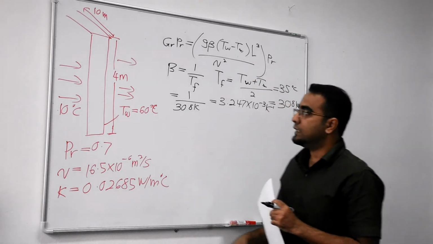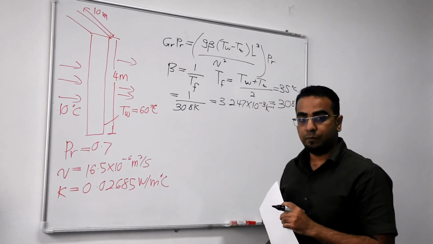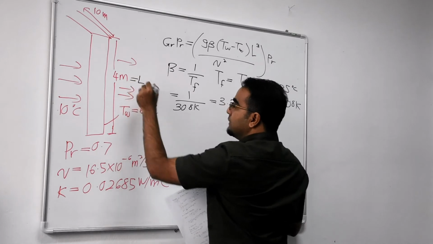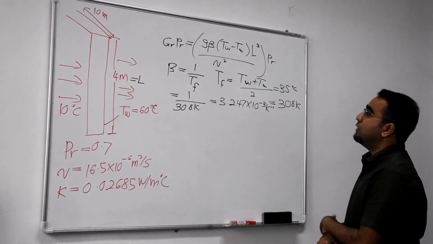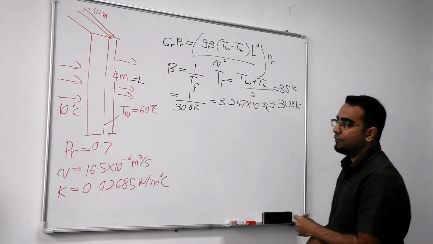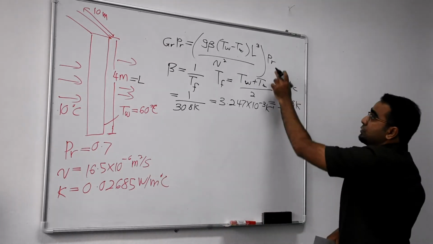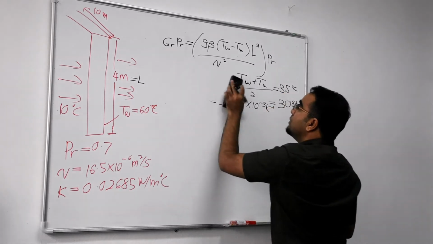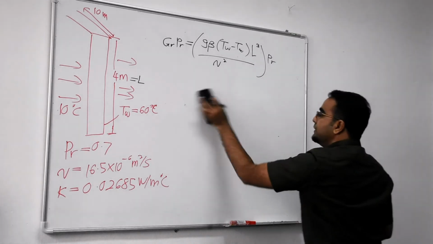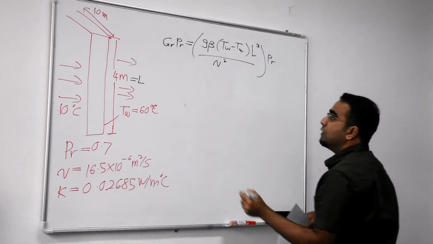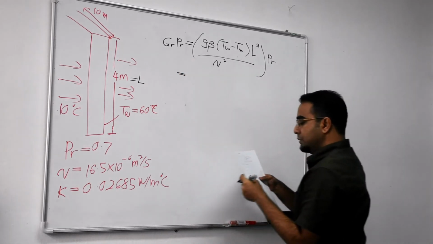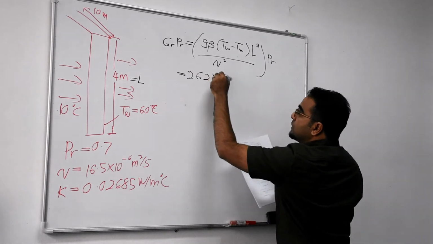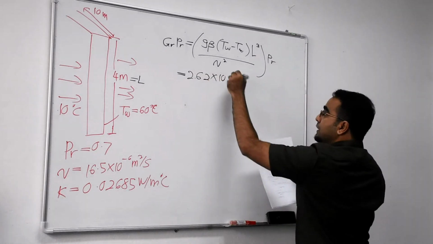In our question, it has mentioned a vertical plate, so 4 meter will be your characteristic length. You know the value of L, the kinematic viscosity, and the Prandtl number. If we substitute all the values into the equation, you'll get a value of Gr Pr equal to 2.62 times 10 to the power of 11.